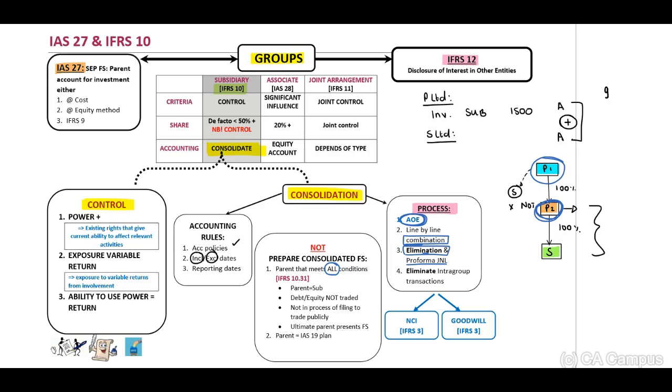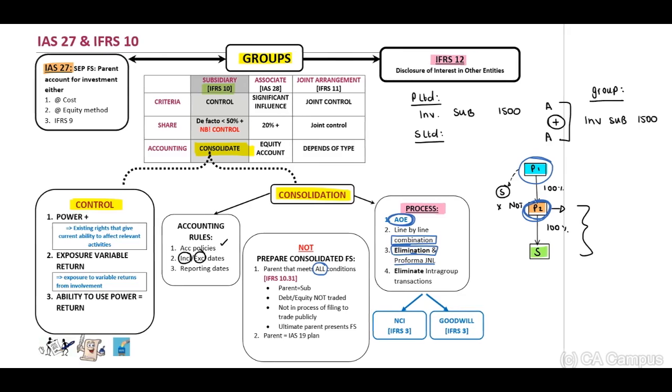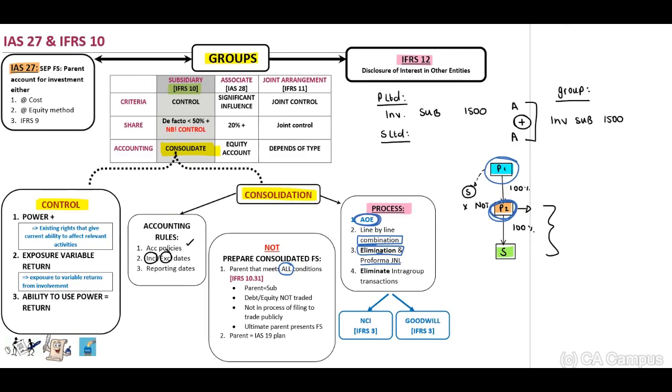In my group records, I will now have a line item, investment in subsidiary, 1,500, right? Okay, but you also agree with me, I've added all of the assets and liabilities of S Limited. Therefore, if I've added all of the assets and liabilities, I also have my assets minus my liabilities, my equity of S included in the group.